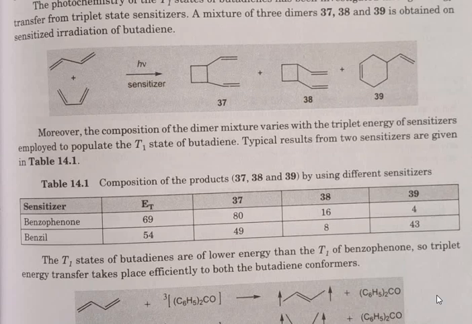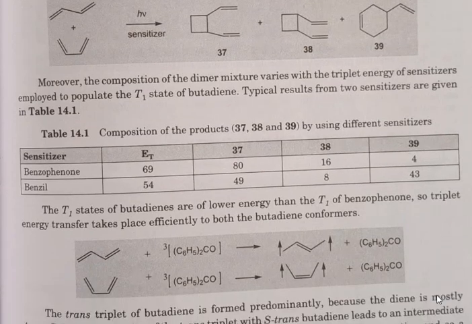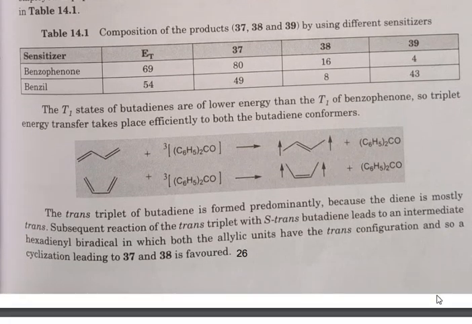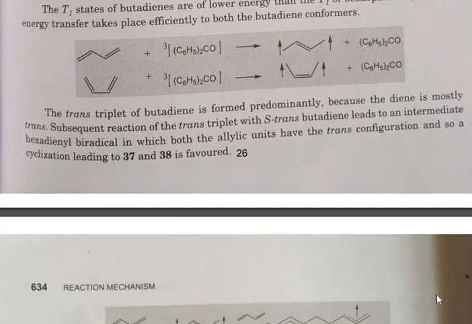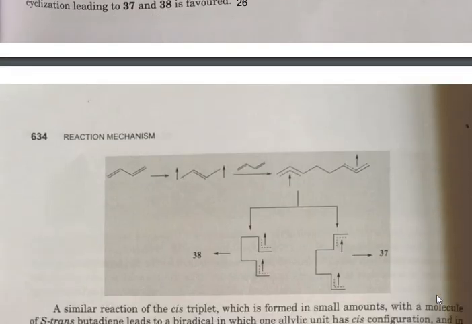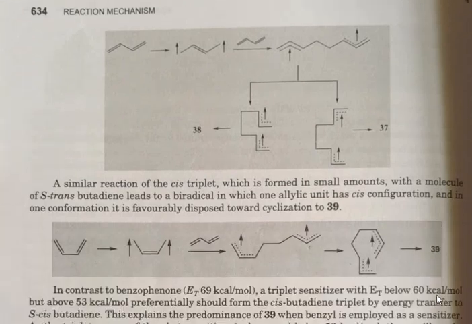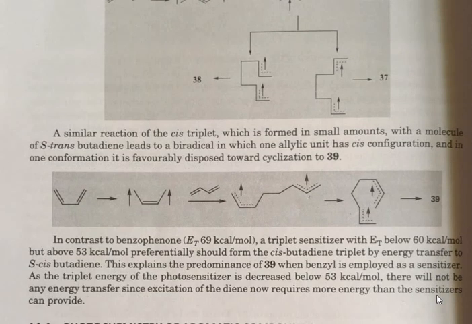Sensitizer, so this is the difference. Look at here. The sensitizer triplet transfers its energy to the dienes. Now look at the beautiful reactions of the transition state, how dimerization occurs. You can see another example.